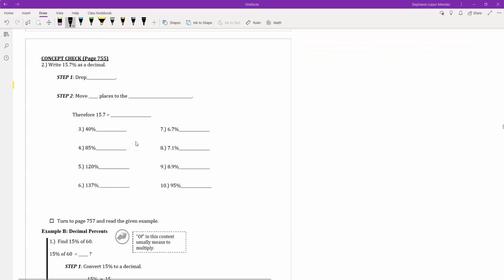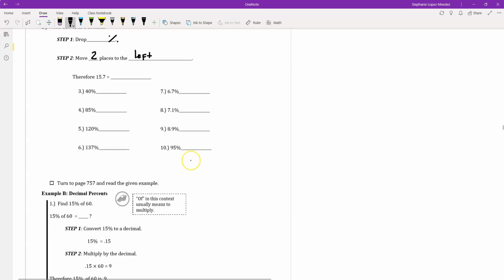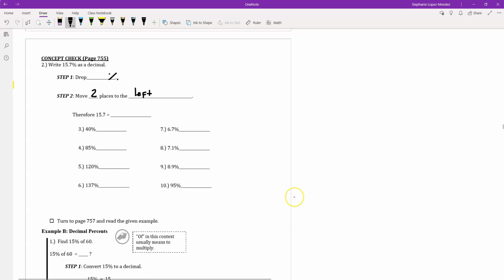Let's continue with our concept check. This is number 2. We write 15.7% as a decimal. Our first step is to drop the percent sign, and then we move 2 places to the left. So let's do it again here. We have 15.7%.